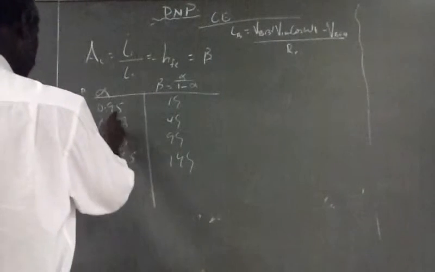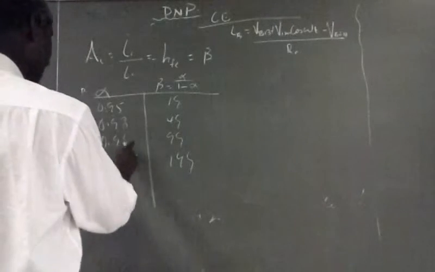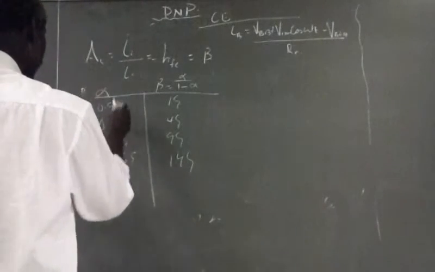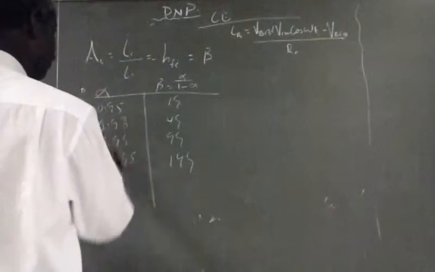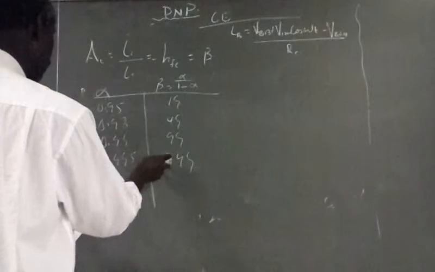If alpha is equal to 0.98, beta is equal to 49, and for 0.99, beta is 99. So small intervals of alpha really give you large intervals of beta according to this relationship.